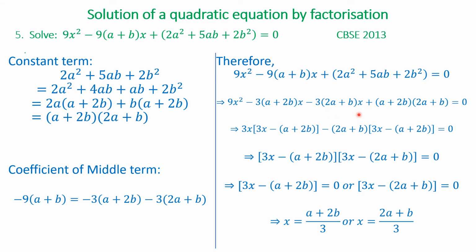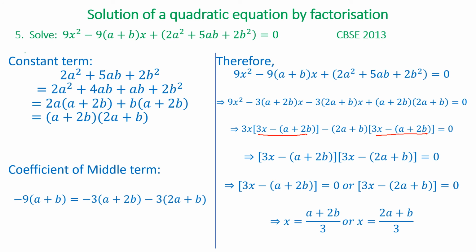From these two terms, minus comes out common, plus becomes minus over here, and also you see over here 2a plus b comes out common, so I'm left with 3x minus (a + 2b). So you observe that this is (3x - (a + 2b)) and this is (3x - (a + 2b)).